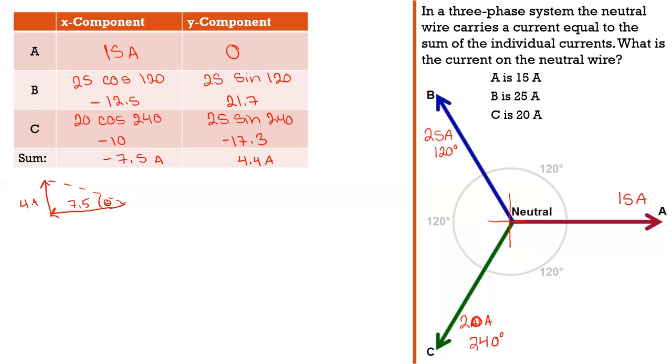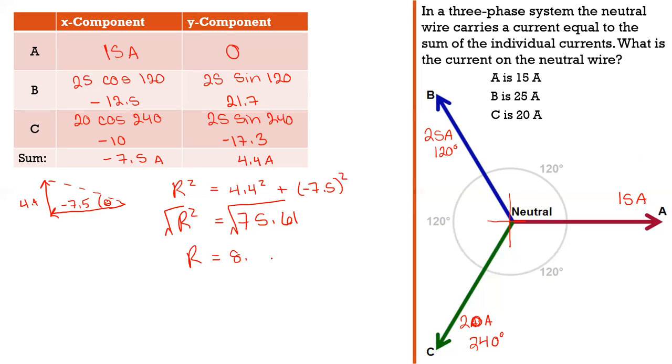Okay, so now that we have that, the resultant squared is equal to 4.4 squared plus negative 7.5 squared, which is 75.61. I don't know if this is lagging on the recording or not, but I'm not going to re-record this. If it is, I apologize. All right, taking the square root of both sides, R is equal to 8.7 amps.